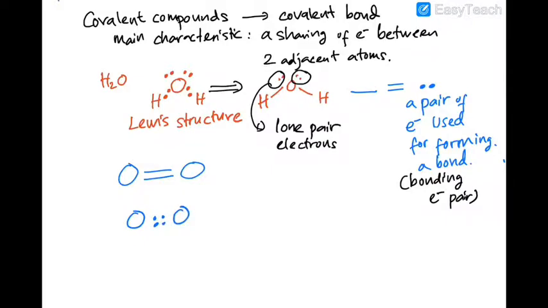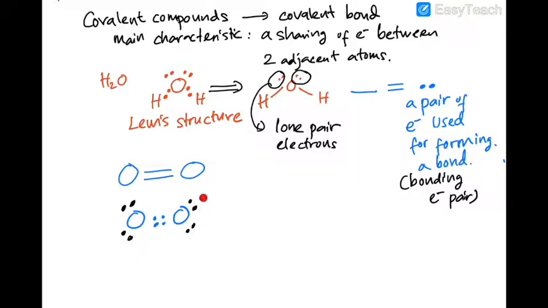Yeah, and as oxygen has 6 electrons, if you just take a look at this oxygen, it's 1, 2. So you have to draw the remaining 4 because it has 6 electrons. Let me draw it in a different color so you can tell which one is the lone pair and which one is the bonding pair.